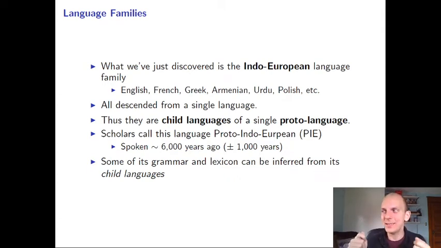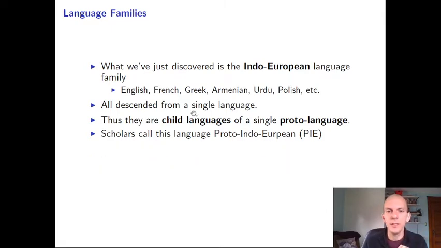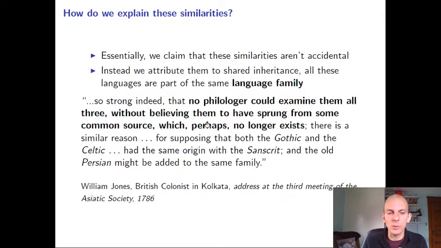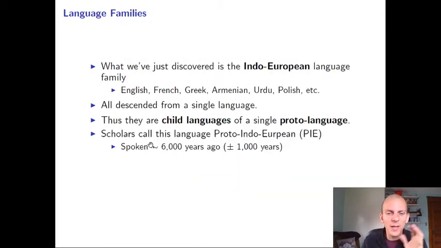So it's not accidental that they're sharing. It's just like, it's not an accident that if you have siblings, you look like your siblings. That's because it comes from a common source, as Sir William Jones would tell us here. They've sprung from a common source. That's how these family relationships work to give us similarity.